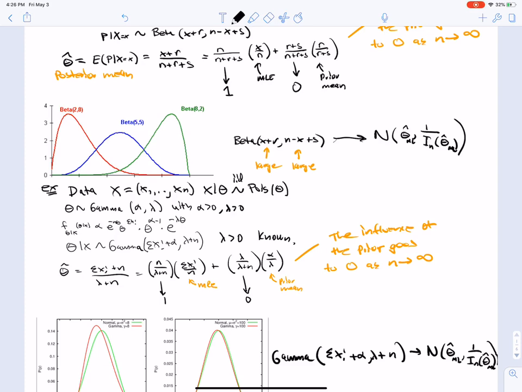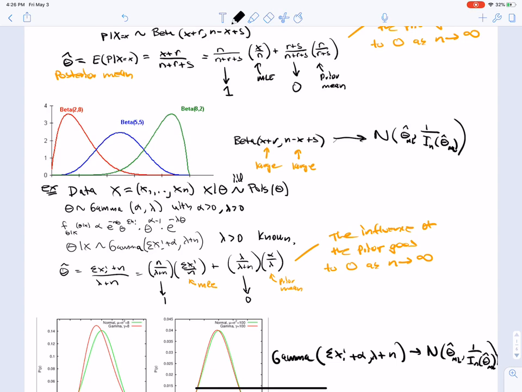And notice that when n becomes large, the likelihood dominates the prior. In fact, where the likelihood is large, the prior will be relatively constant.